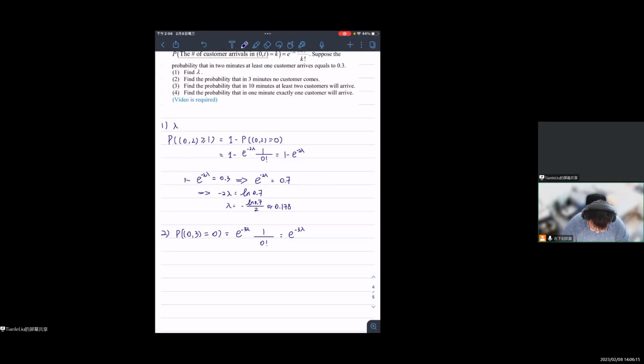I will do the calculation using my calculator, which rounds to 0.586.